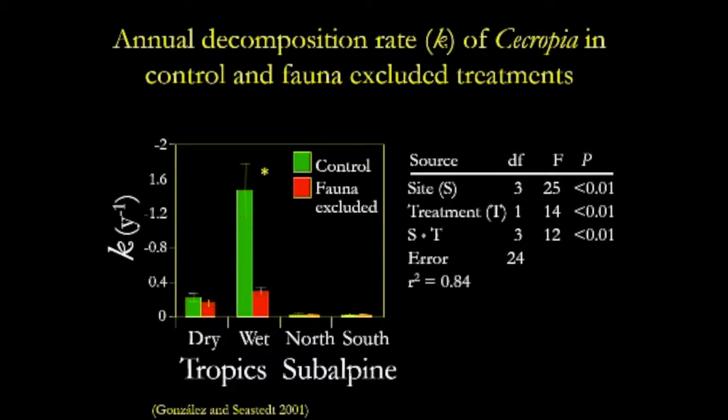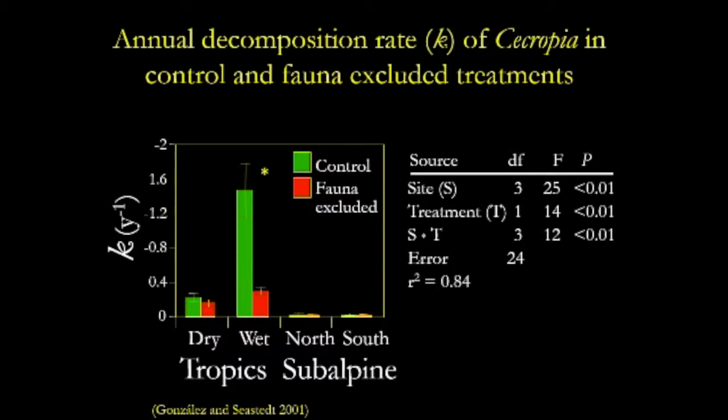And here's a graph as an example where I compare the decay rate in El Yunque, the tropical wet forest, versus the tropical dry forest, and some sites in Colorado, subalpine in the north and south facing slopes. And we can see that the animals have a significantly greater effect in the decay rate of this leaf, the Cecropia, in the tropical wet forest as compared to the other sites.